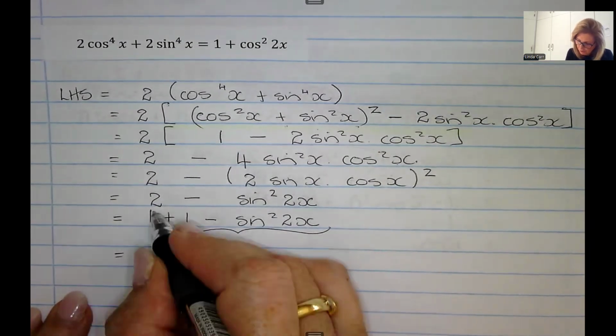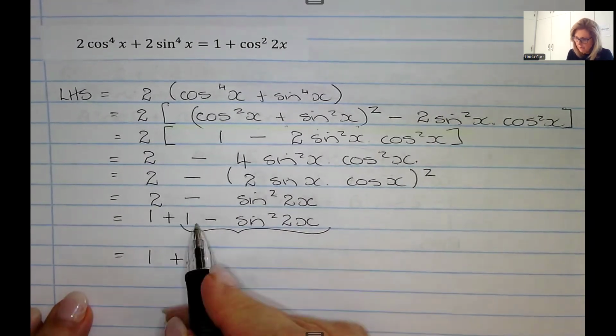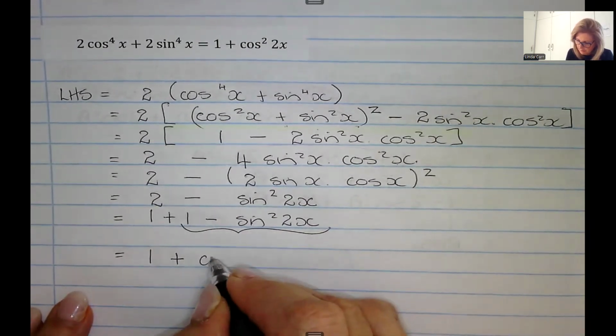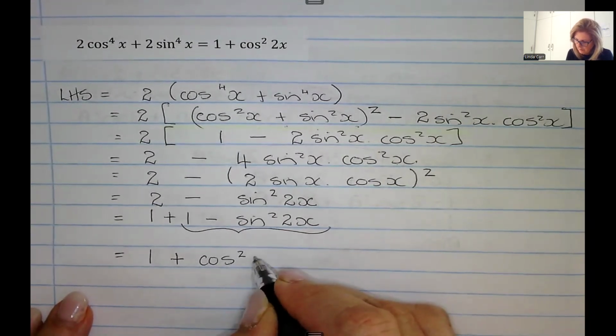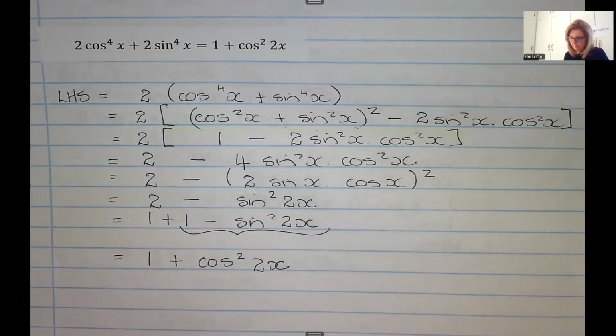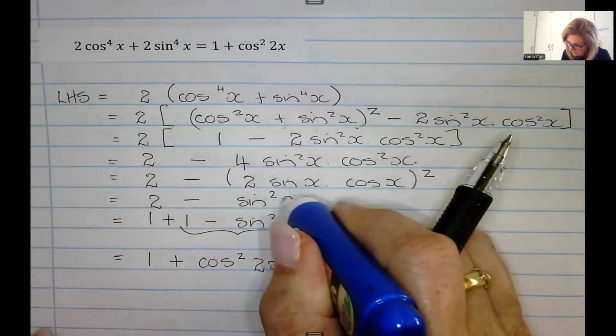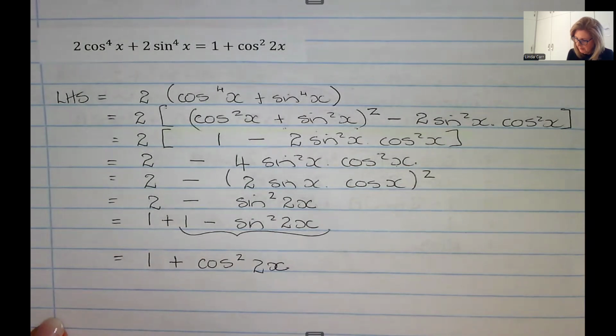So to finish off, that 1 stays on its own. This becomes cos squared 2x. And that is equal to my right-hand side.